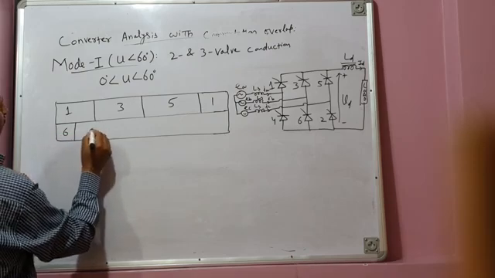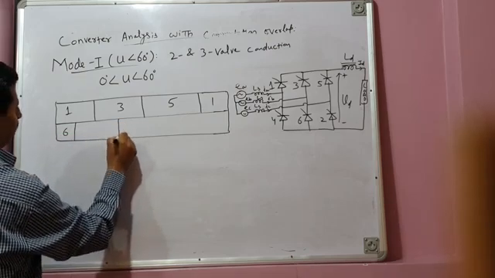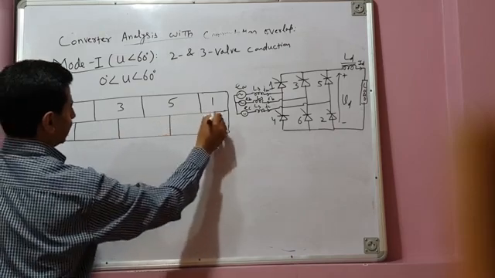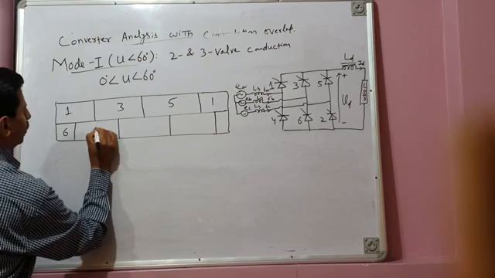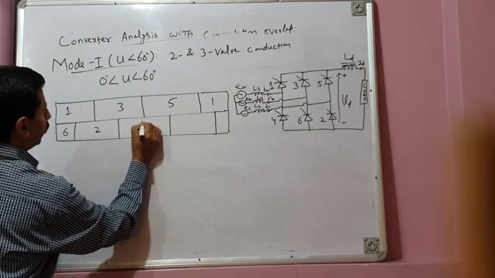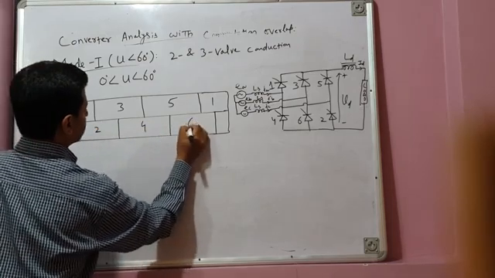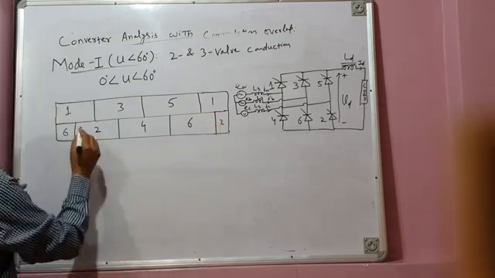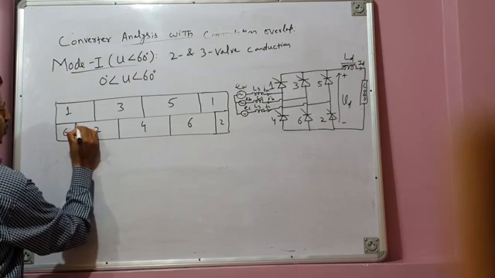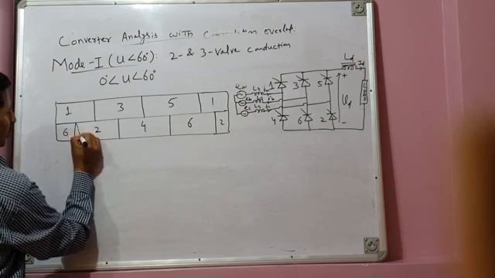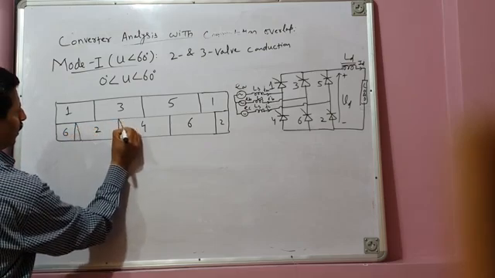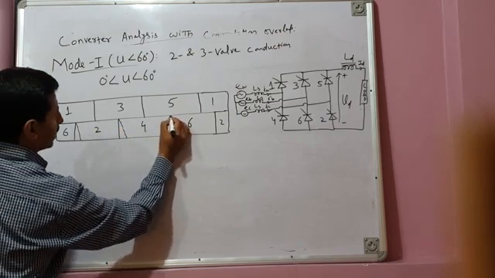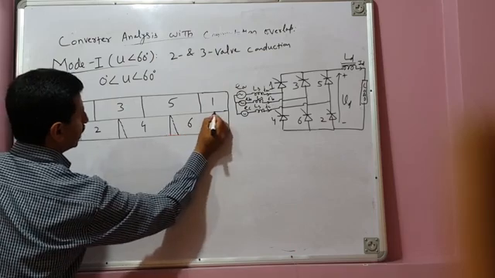Then valve 2, valve 4, valve 6 again, then valve 2 again. Now this shows commutation overlap. Let me show you the commutation overlap. I will explain it in a minute's time.